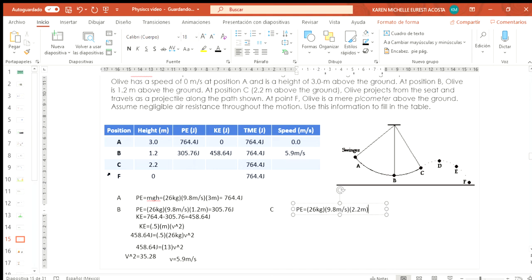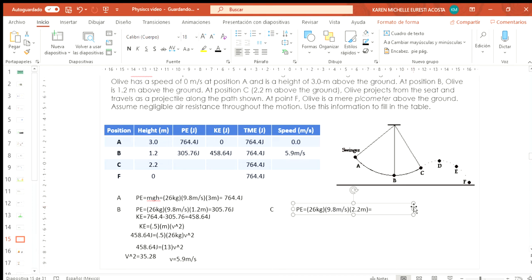That is the height, and this equals 560.56 joules.